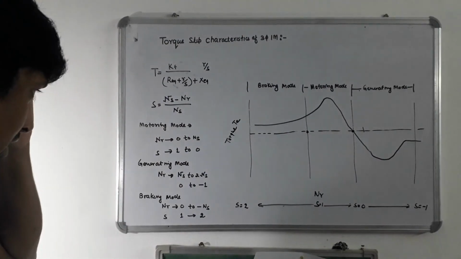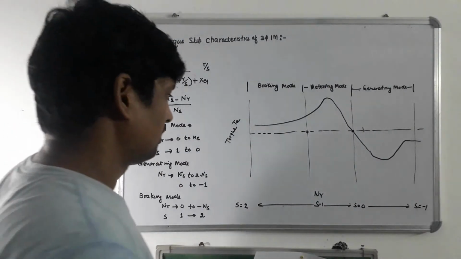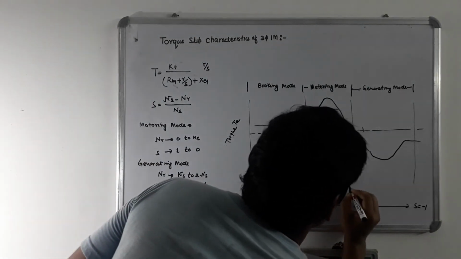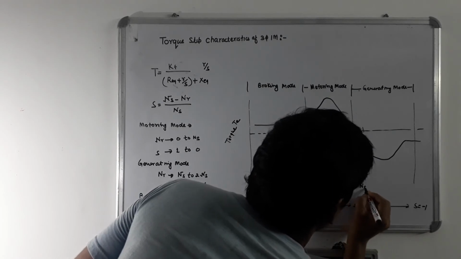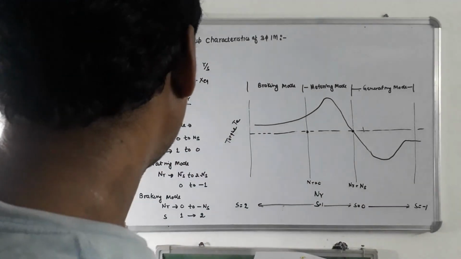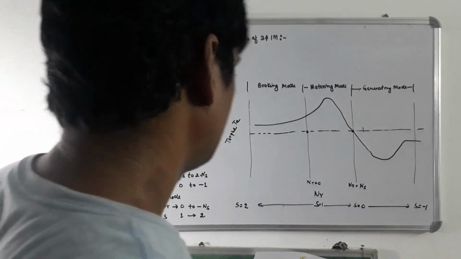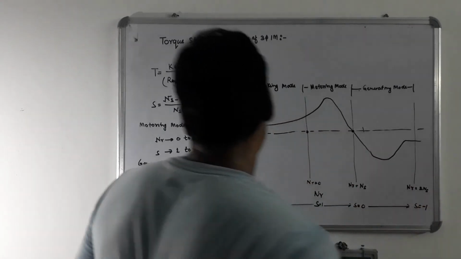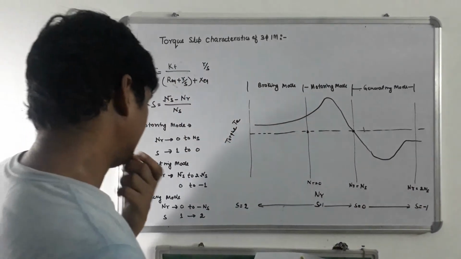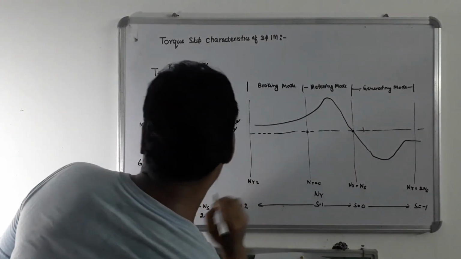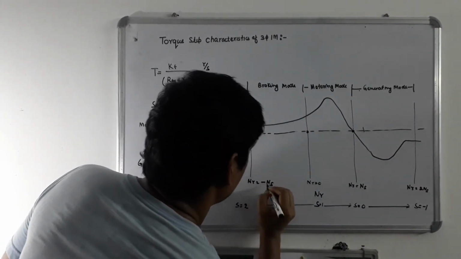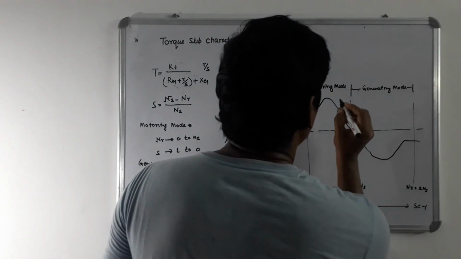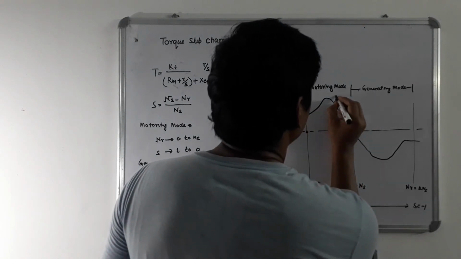Now if we are talking about the speed, Nr equal to 0, speed Nr is equal to Ns, and here Nr is equal to 2Ns, and here Nr is equal to minus Ns. This is the torque at maximum slip Sm.